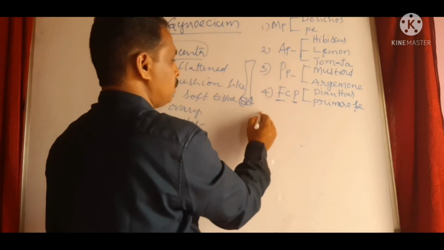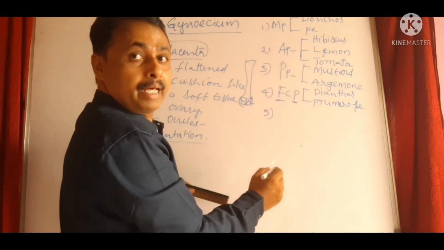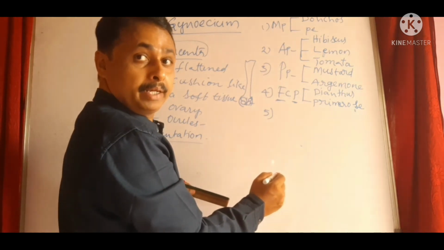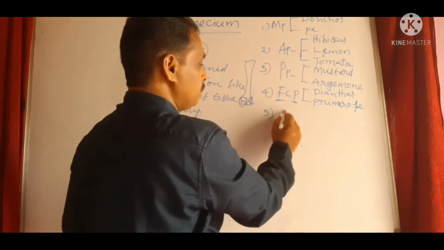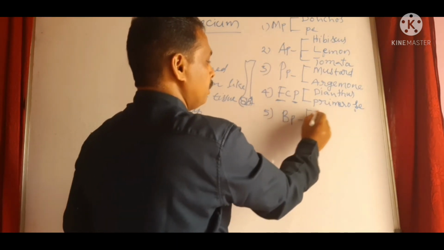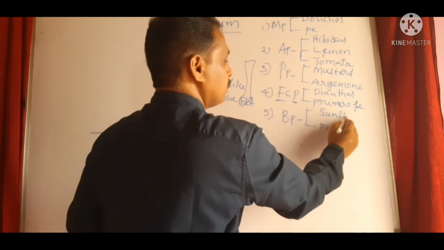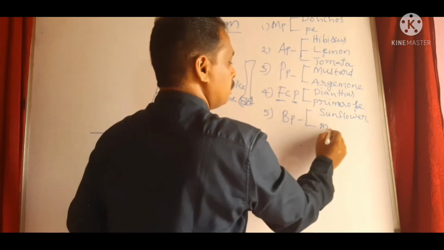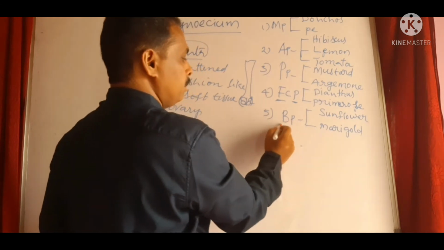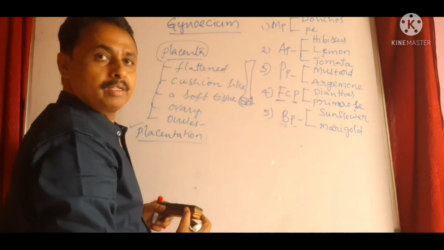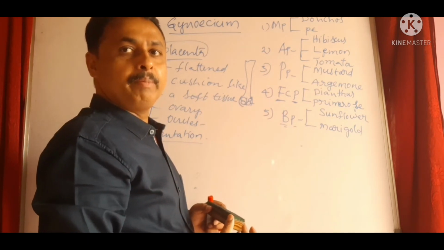Next one is, when sunflower got married with marigold, sunflower got BP. So that means BP, SM. That means sunflower and marigold are the examples for basal placentation. Like this we have to keep a code in an easy way to remember them.